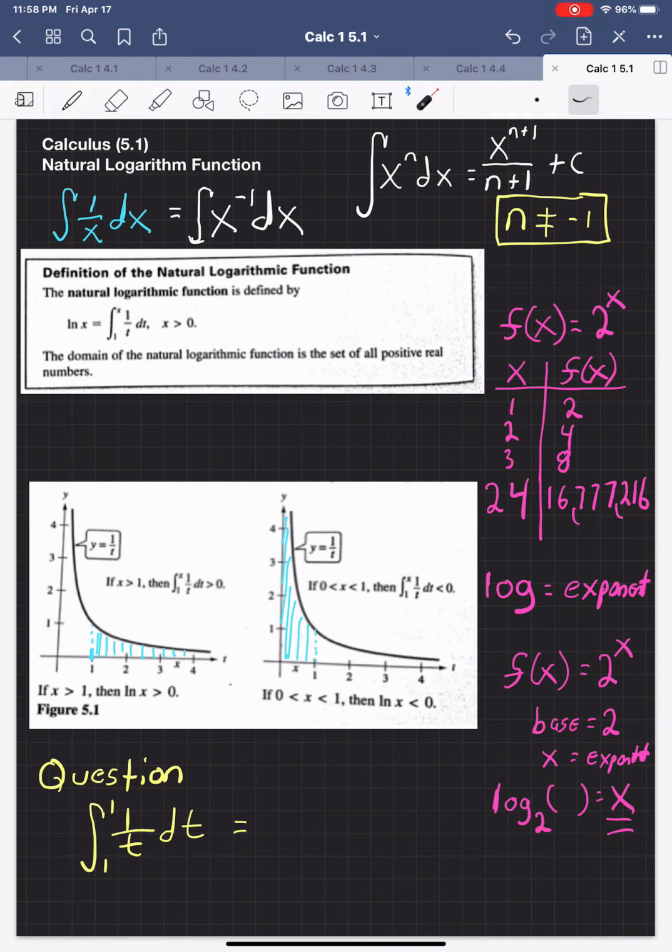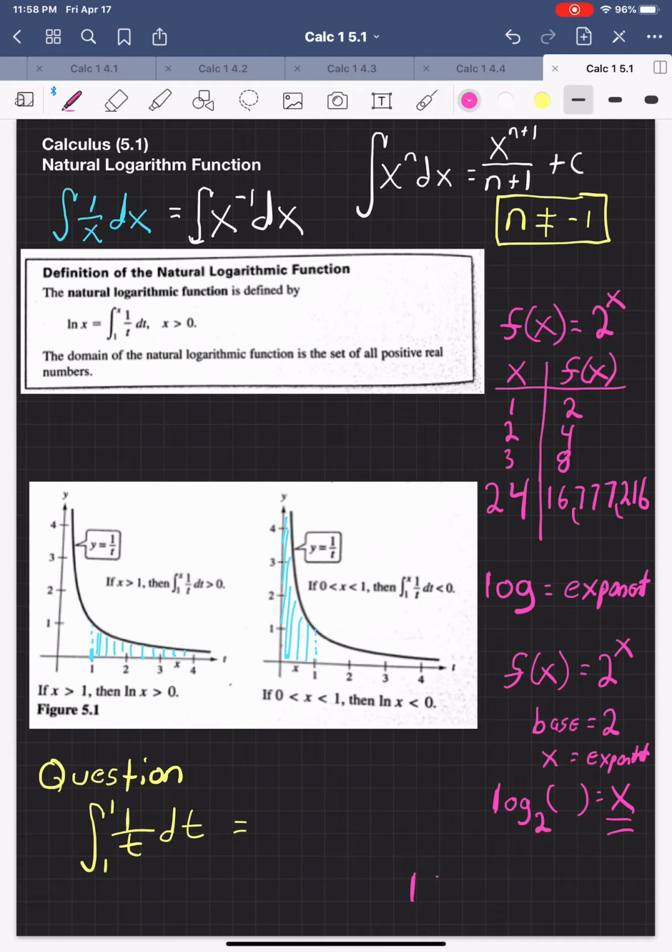Now, all I want to do is talk to you about some types of bases. There are some limitations, but there are all types of bases that you can use. Base 2, base 10. But there are two bases that tend to show up more often.